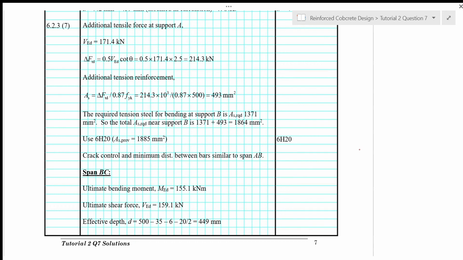And then the ultimate shear force is just to the right of support B, which is 159.1 kilonewton. And then for span BC, we assume that we have only one layer of moment steel, so the effective depth is the same as span AB.